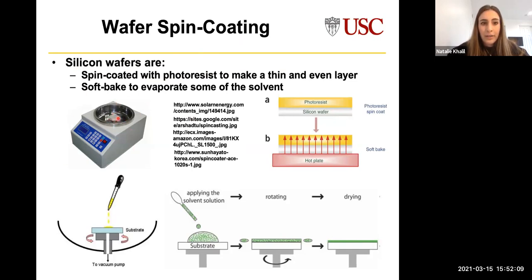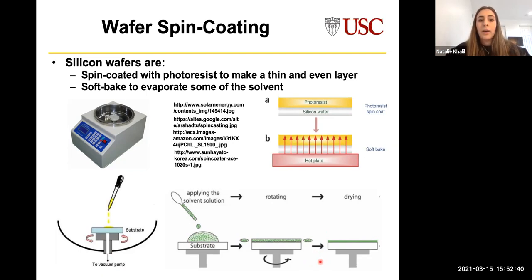It's essentially got this circular region, which if we look at it from the side, looks like this. You'll place your wafer on that chuck, and it also has a hole that leads to a vacuum pump in which suction is applied to hold the wafer in place. And then this will spin at very high spin speeds to bring all of the photoresist towards the perimeter of the wafer, and you'll be left with a really even layer of photoresist.